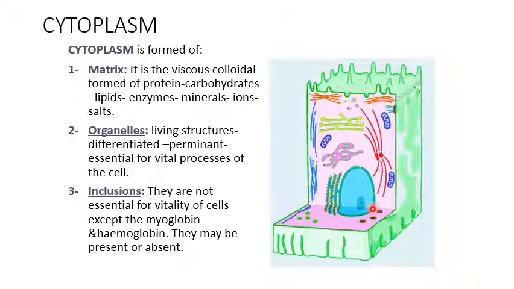Okay, so this is the nucleus and this is the cytoplasm. The cytoplasm contains organelles which are differentiated, permanent, essential, and the inclusions which are temporary, usually not vital, and we have the matrix.